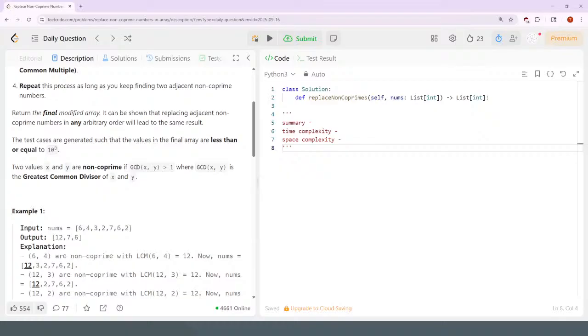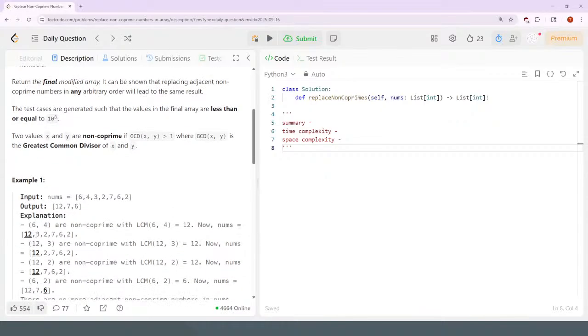So if they have a greatest common divisor that is greater than 1. So here 6 and 4 has 2. So the least common multiple would be 12. And then 12 and 3 has a common divisor of 3.